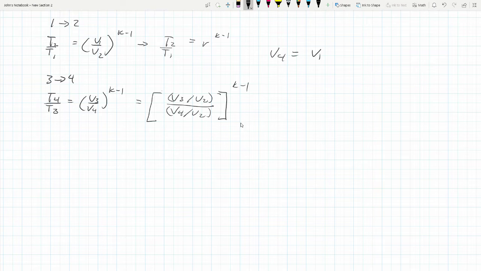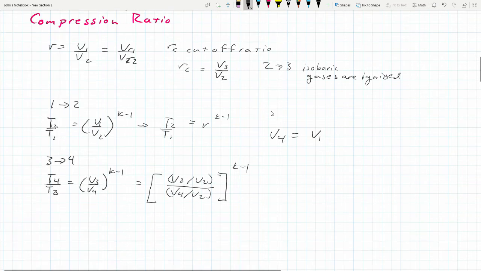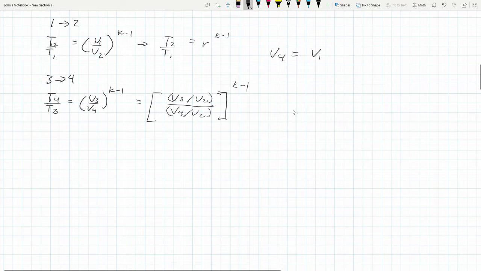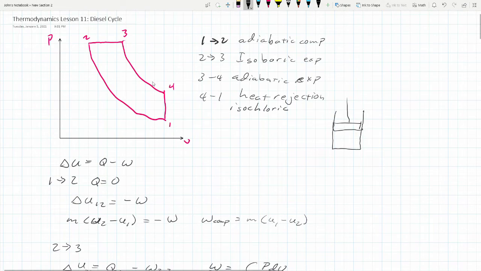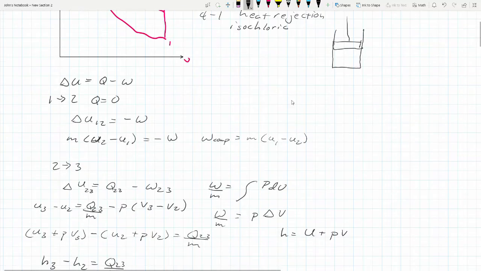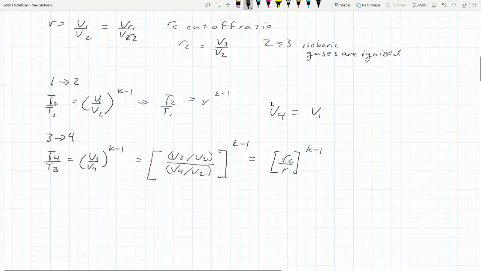Well, V1 over V2 is R, and up here, V3 over V2 is the cutoff ratio. This becomes RC over R to the K minus 1. So that's how you find the temperature ratios for the adiabatic expansion part of the cycle.